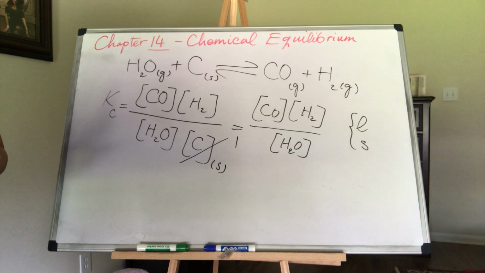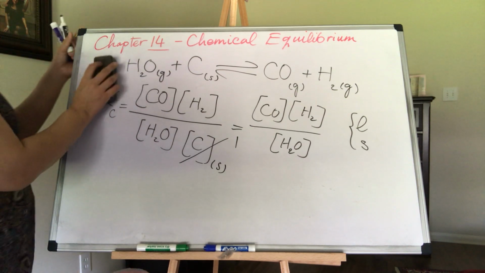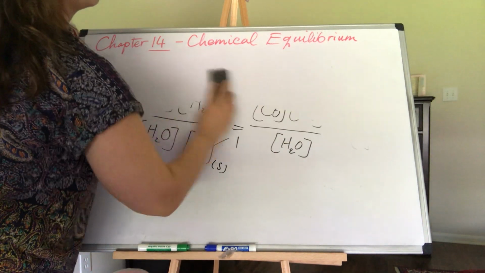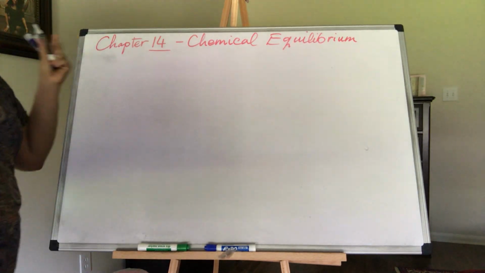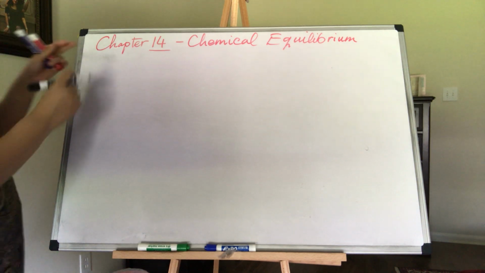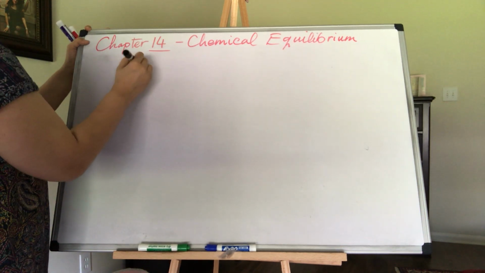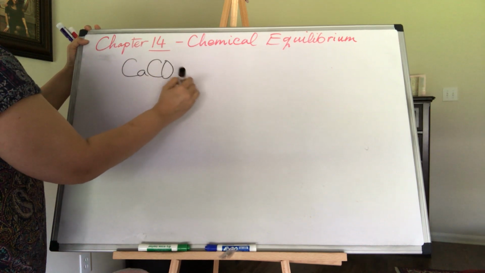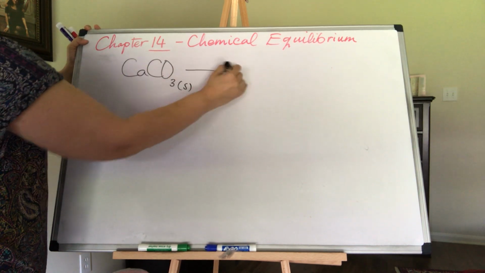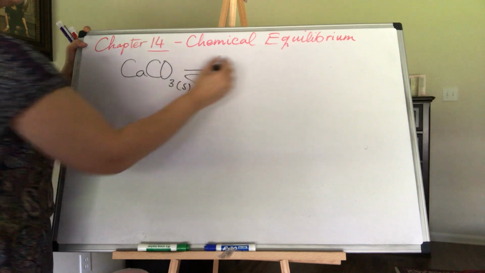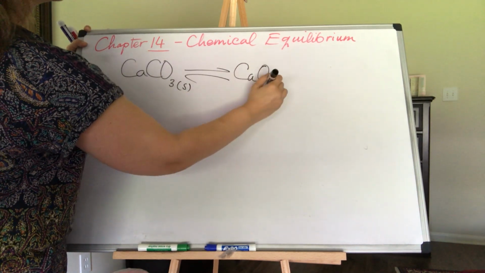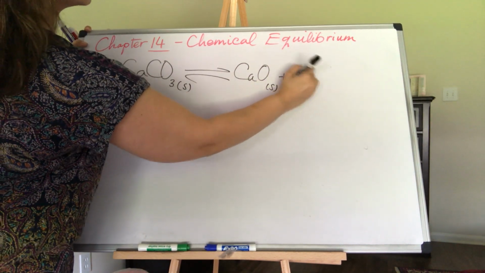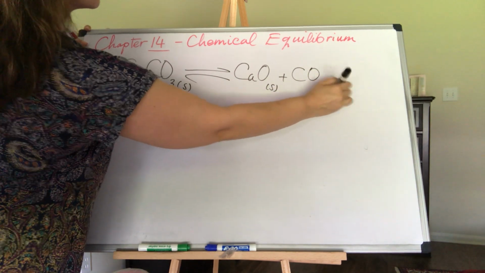Then one more thing that we need to know about. Let me give you another example of my own. Let's say we have CaCO3 solid and it's in equilibrium with CaO solid plus CO2 gas.